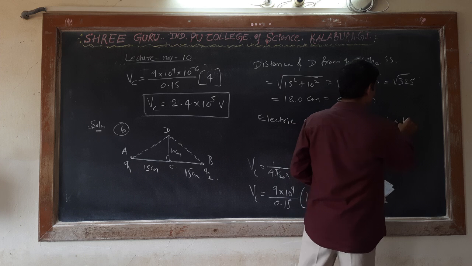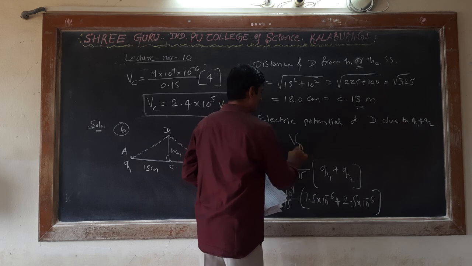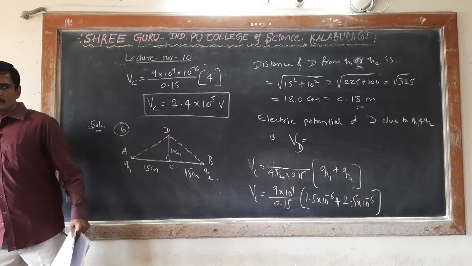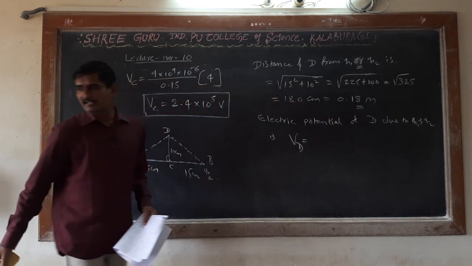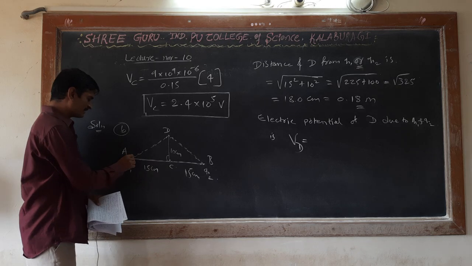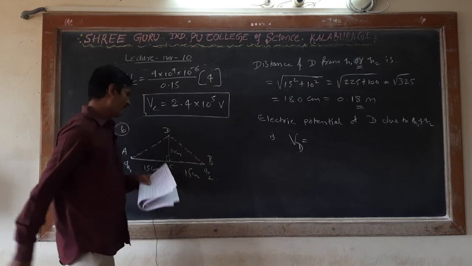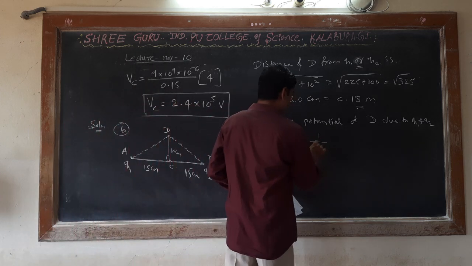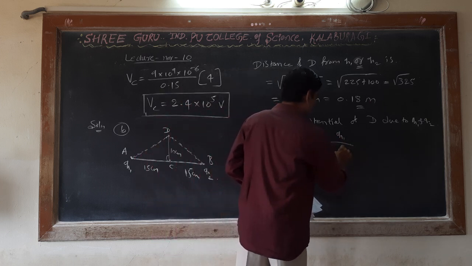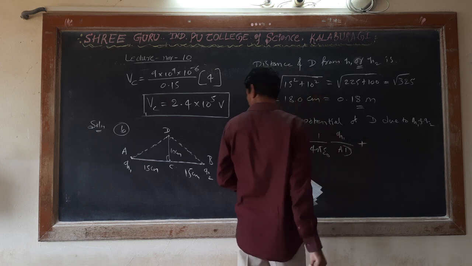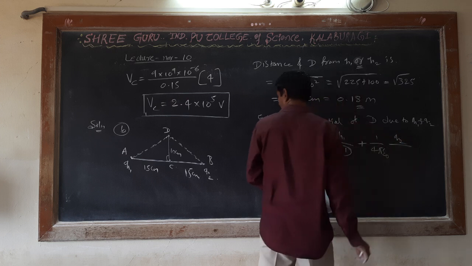So Vd is equal to, I will write, the electric potential at the point D due to the charge Q1, and the electric potential at the point D due to the charge Q2. So I will write directly 1 by 4 pi epsilon naught Q1 divided by the distance AD, plus 1 by 4 pi epsilon naught Q2 divided by the distance BD.